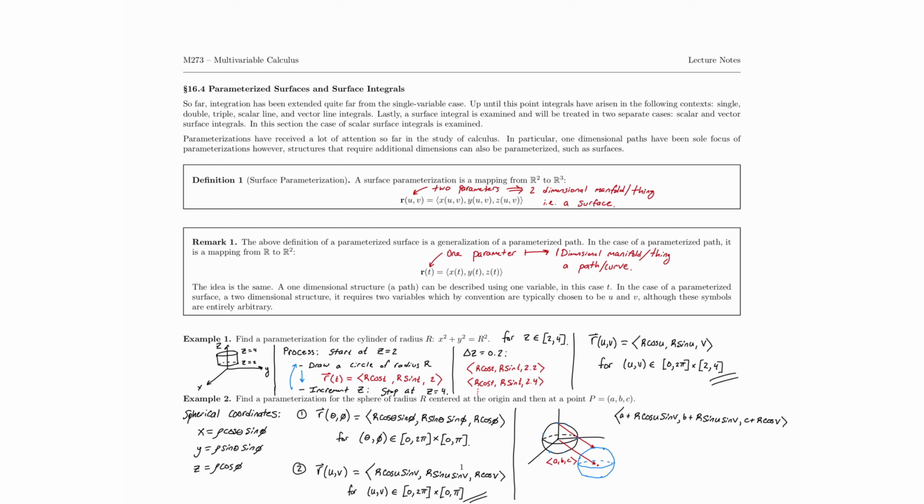And that will be our translated parameterization. Maybe I'll call it something else, G of (u, v). So if we just want to translate our r of (u, v), we can just take r of (u, v) and add to it our translation. If we want to center it at P, we would just add the components of O to P to r of (u, v). And our domain would be exactly the same. So we can think about this as just moving its whole center, translating it.